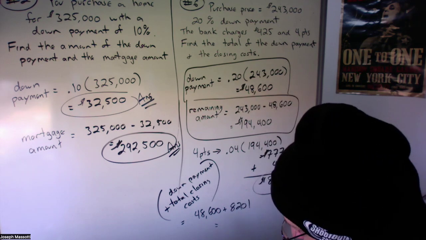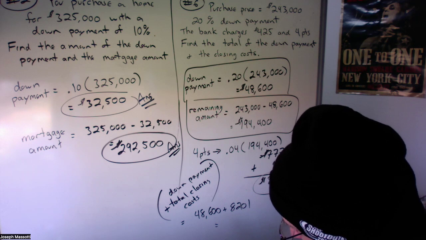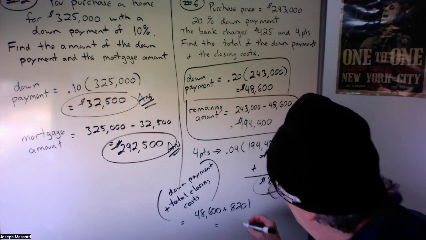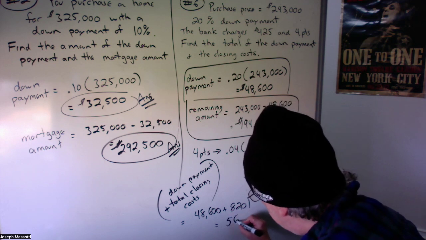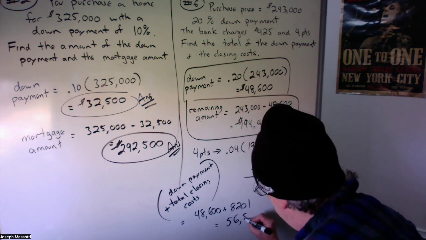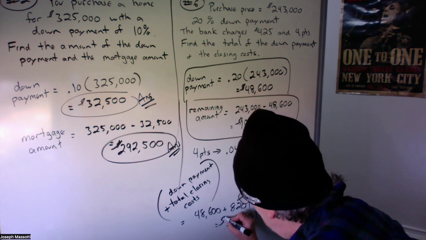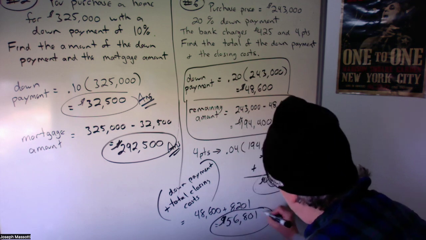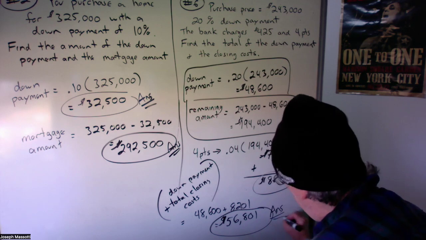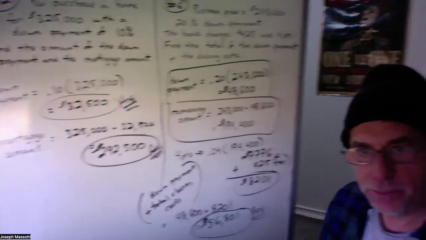So we're going to end up with 48,600 plus 8,201. End up with $56,801. And that is going to be your answer.